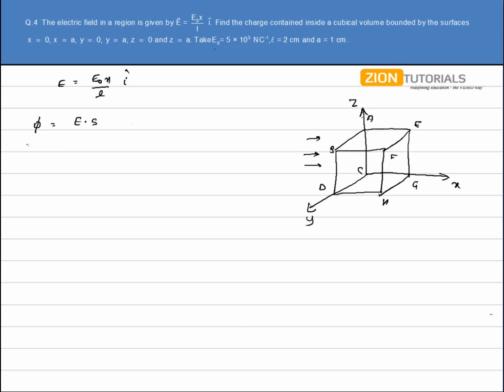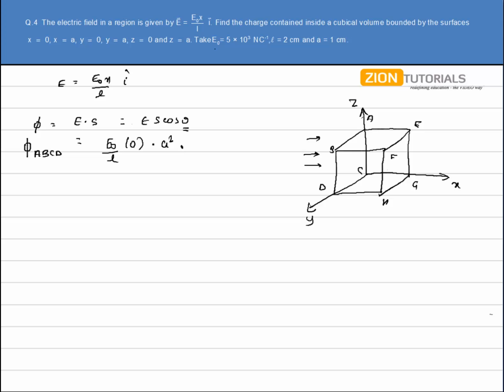Fine. So I can calculate the flux that is passing through the surface ABCD, that will be given by E naught by L. The value of x at the surface ABCD is 0, and dot S, where S is the area, a square, and E dot S I can write as E S cos theta.